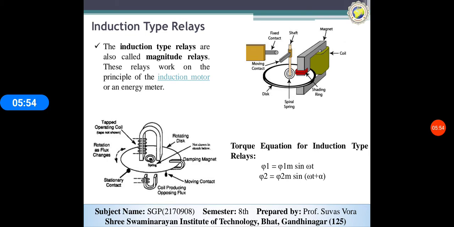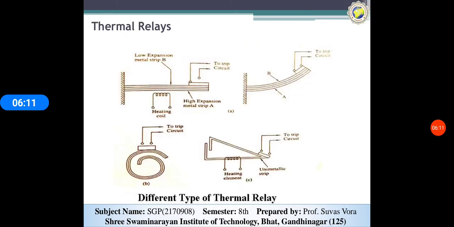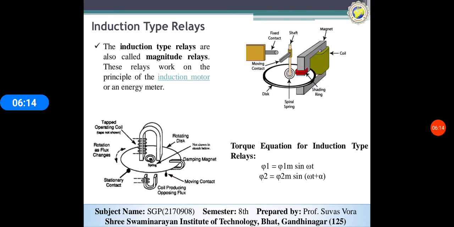Here one disk is placed between two magnetic fields. You can see in the figure that the upper side is connected to the operating coil, and the lower pole is connected to the disk, between the two magnetic fields. One damping magnet is placed near it, and the disk rotates due to the torque effect.